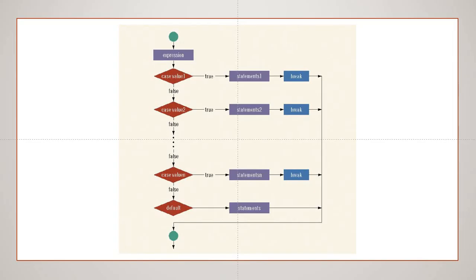Okay, so this is the flow chart for the switch structure. We have a few cases. Case value 1, we have branches here, either true or false. If true, go to statement 1. If false, check another case. If true, go to statement 2. If false, go to the next cases.